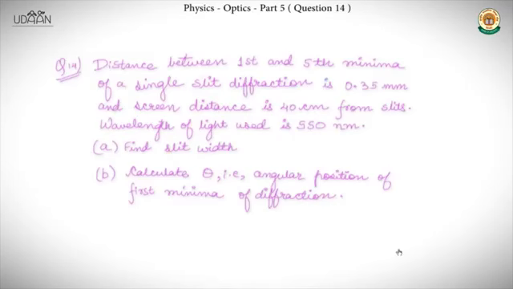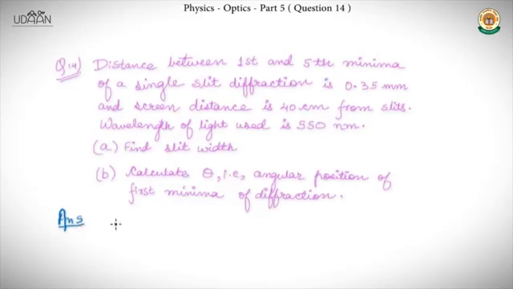It's a pretty straightforward question, and I will give the solution. This question is simply based on the formulas for diffraction, and we just need to plug in the values in the formula and we will get the answer.